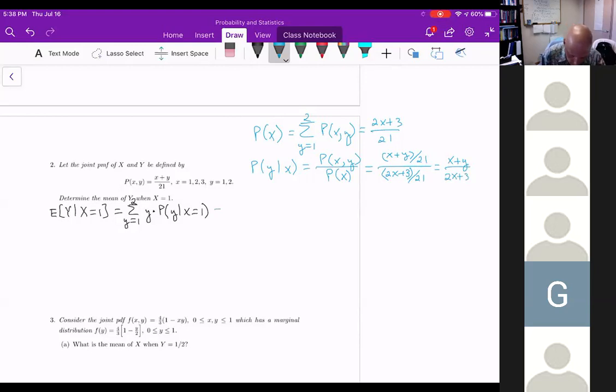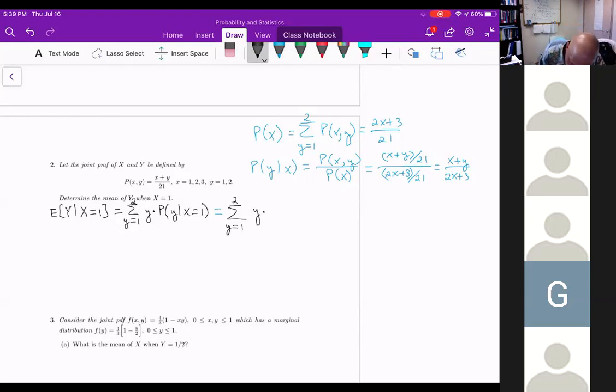So now I'm going to make use of that, and I'm going to plug that in to where we started. The sum is y goes from 1 to 2 of y times, now x is 1. So I'm going to let x be 1 because x strictly equals that. It's not an inequality.